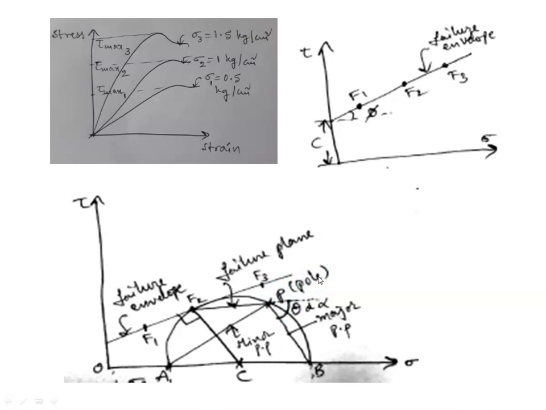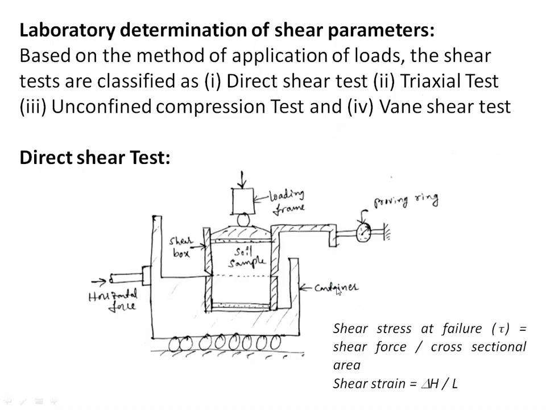So why are we drawing this horizontal line? This is nothing but the failure plane. See, in this direct shear test, the cell is divided into 2 parts. So the soil is forced to fail along this plane only, because this is the weakest plane when it is subjected to horizontal movement. So here the soil is forced to fail along this line only.